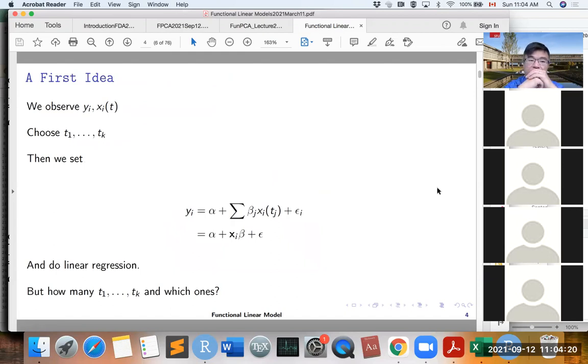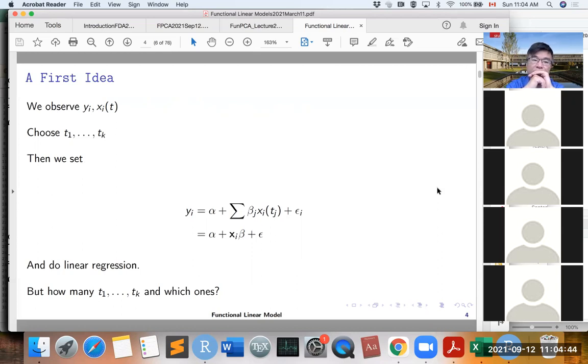A first idea is this: we have observed xi(t), so we can choose a grid of time points from t1 to tk, and evaluate the function xi(t) at t1 to tk.